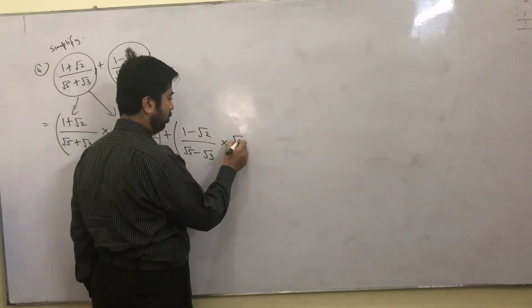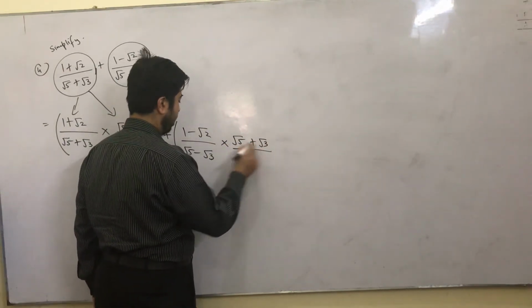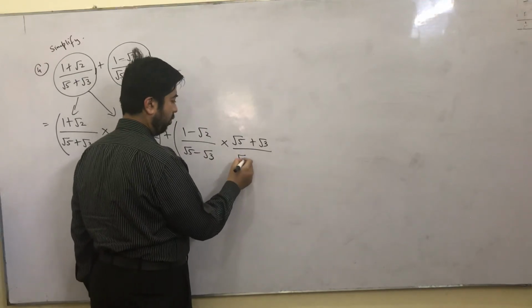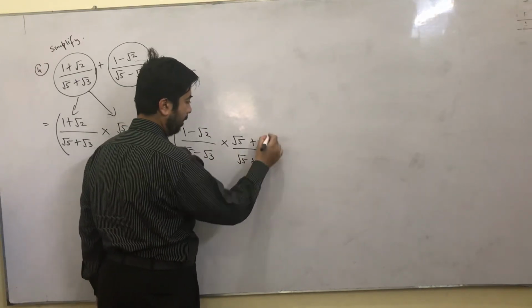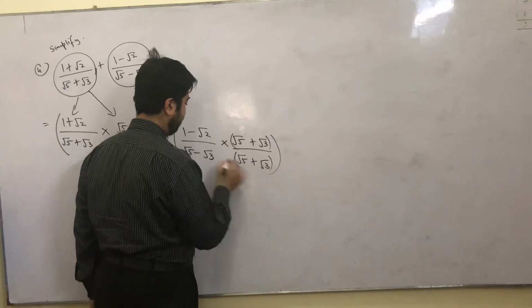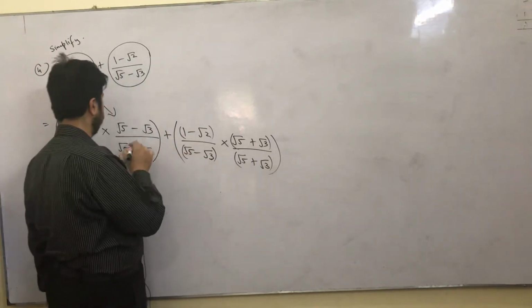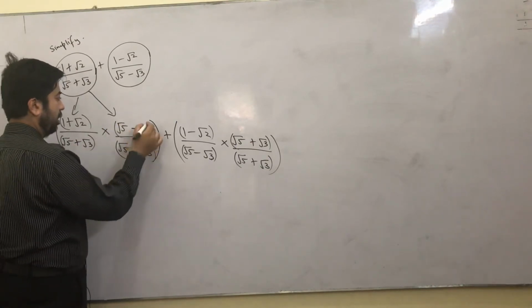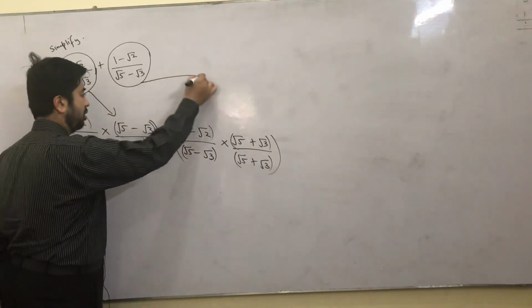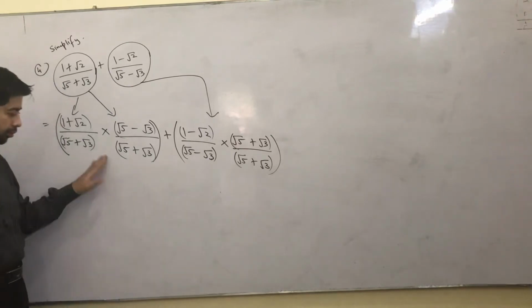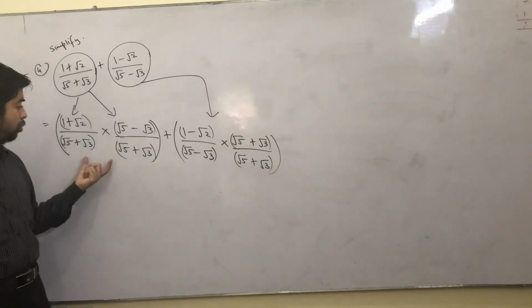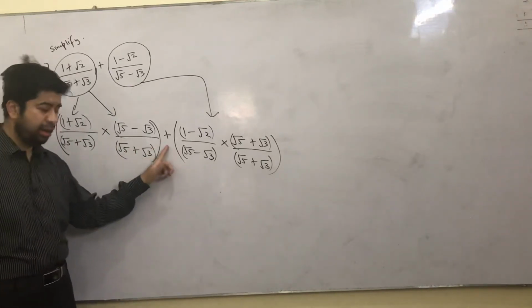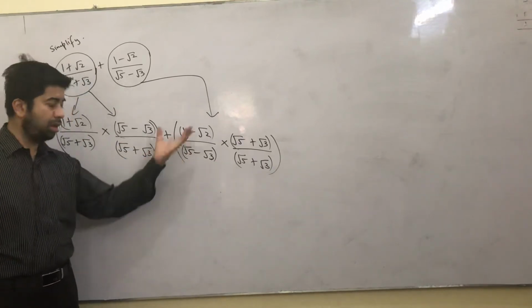Its conjugate is square root 5 plus square root 3, and in the denominator also square root 5 plus square root 3. Just apply brackets. This was this part. Good. You have to solve this part, and after that the plus sign with this part.